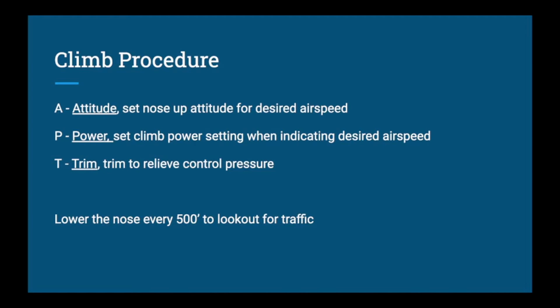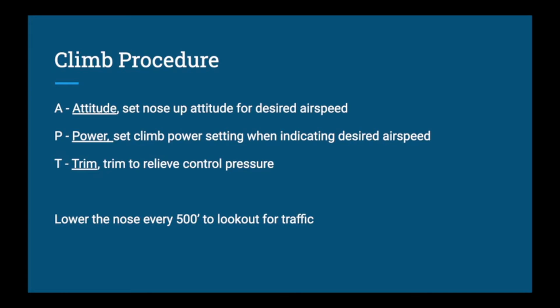Through experience you'll become familiar with where your nose position should be relative to the horizon at full power to give you the exact airspeed you want. Focus on where that horizon is crossing your cowling. For the first bit, you'll just be guessing, but you set the attitude to where you think the desired airspeed would be.